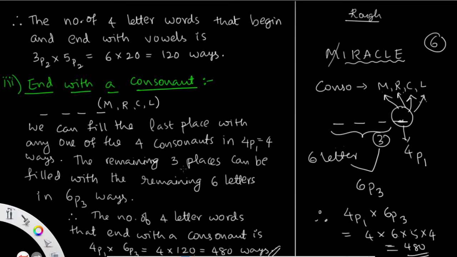The remaining 3 places: if M is used, the remaining letters are 6; if R, C or L, also 6 letters remain. So 6 letters and 3 blank places can be arranged in 6P3 ways, which is 6 into 5 into 4. The end place is 4P1, which is 4, so 4 into 6P3. The total answer is 480.